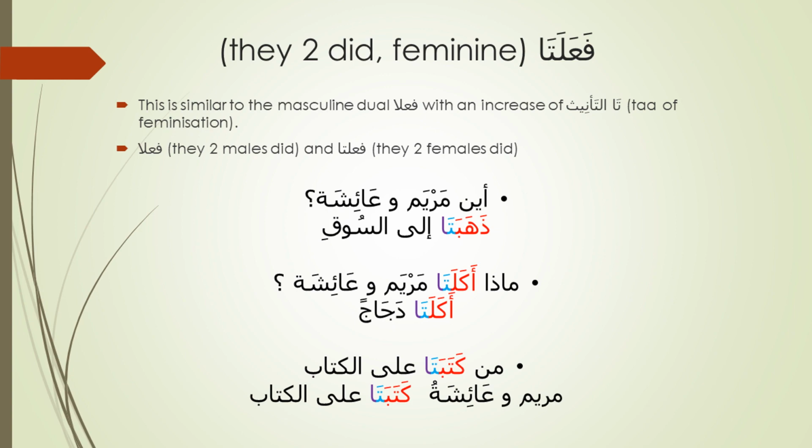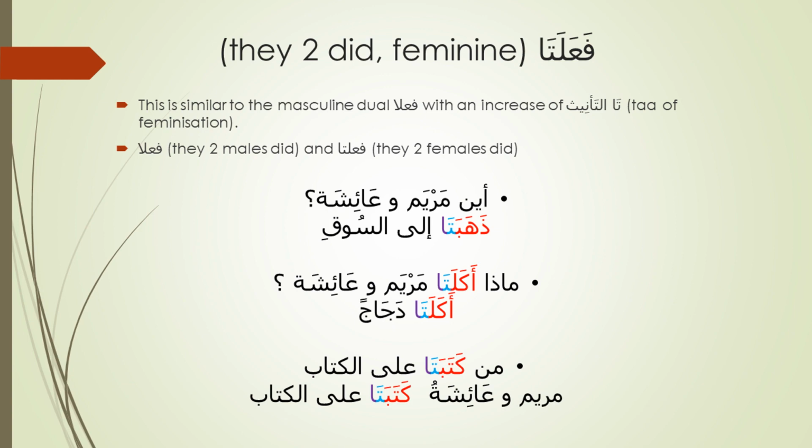Okay, so let's move on to the next one. Madha is a question word used for questioning, meaning what? Akalata Maryamu wa Aishatu. Madha akalata Maryamu wa Aishatu? The answer being, akalata dajajan. We have our root letters in red, the ta to make it feminine, and our alif to show dual.